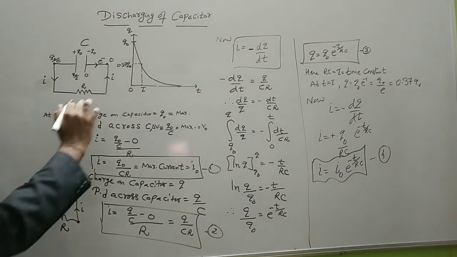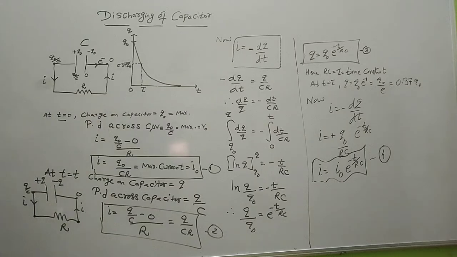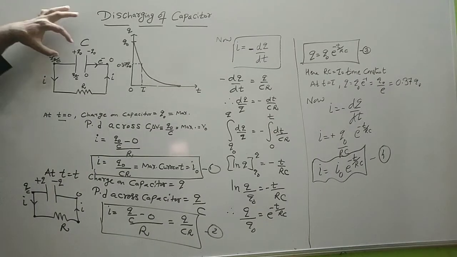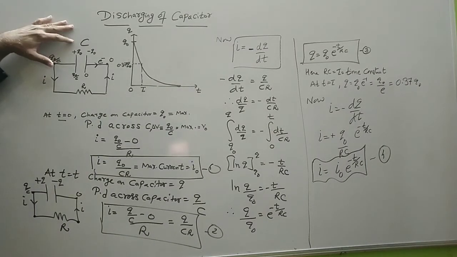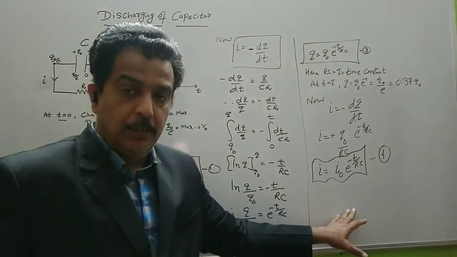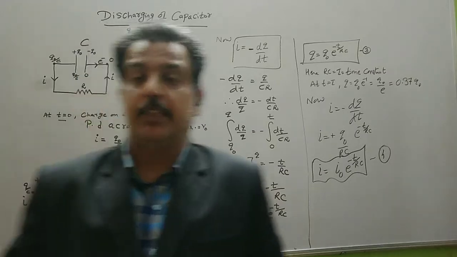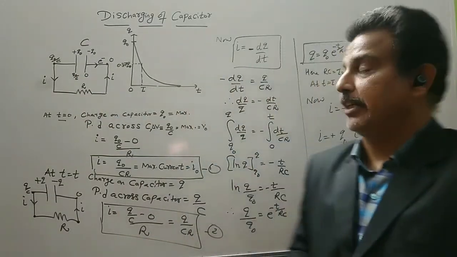And if you remember, during the charging we connected a battery here. So at that time, the potential difference across the capacitor increases and the potential difference across the resistor decreases, and when they become equal, the capacitor was said to be fully charged. So current in both the cases decreases, whether it is charging of a capacitor or discharging of a capacitor.